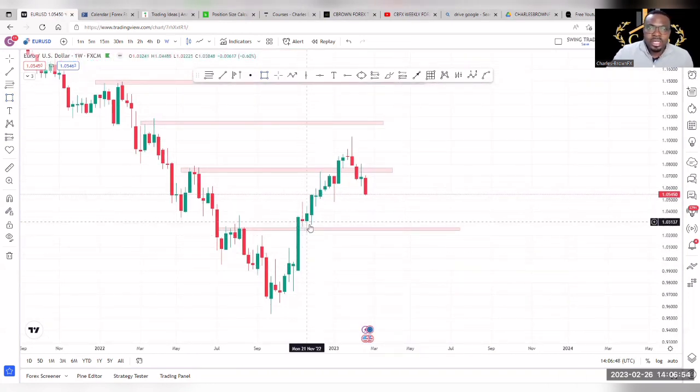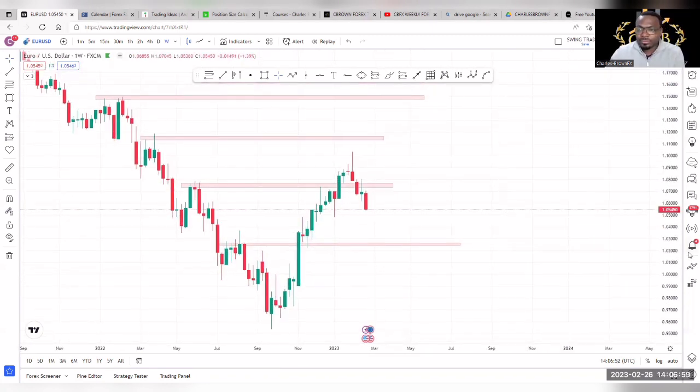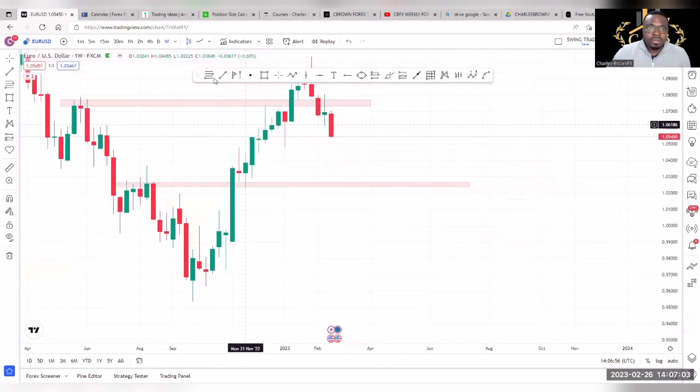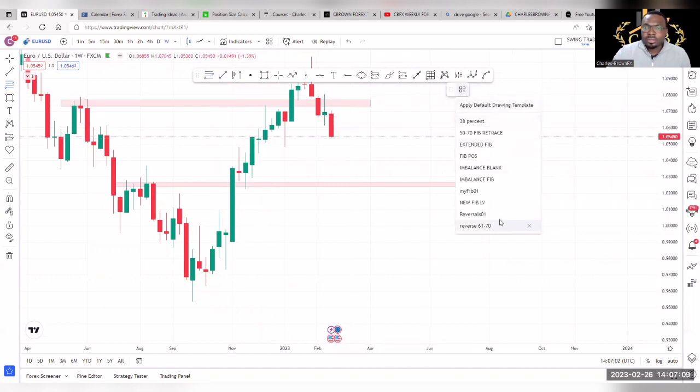Now, you see that the market pushed all the way up, this is the weekly time frame. So for those of you that trade Fibonacci retracement, definitely you would like to use, let me see, a point of interest. I think point of interest is fine.